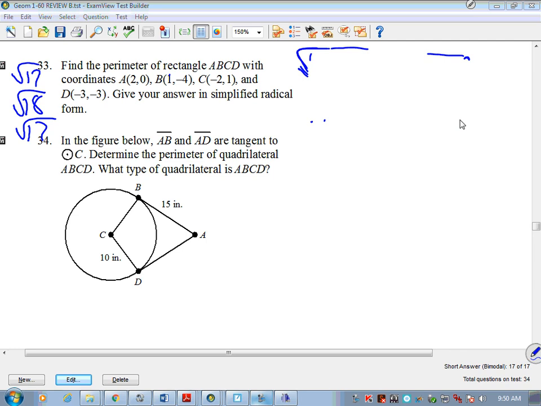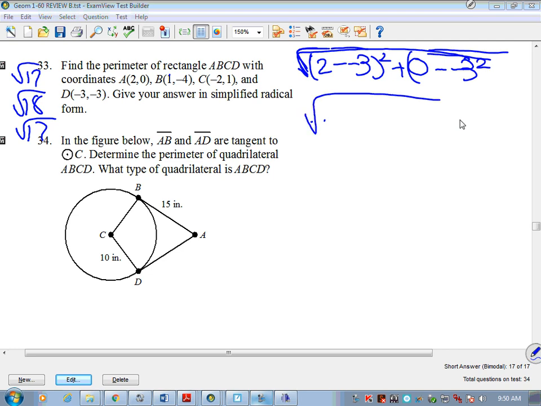Okay, now finally, A to D. Let's do 2 minus negative 3 squared plus 0 minus negative 3 squared. All right, well, 2 plus 3 squared is 5 squared plus 3 squared. Okay, so it looks like I have 25 plus 9.